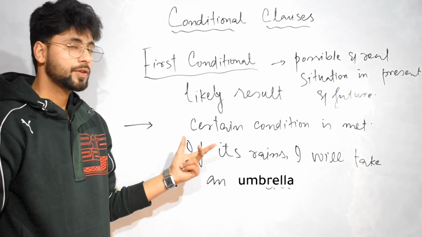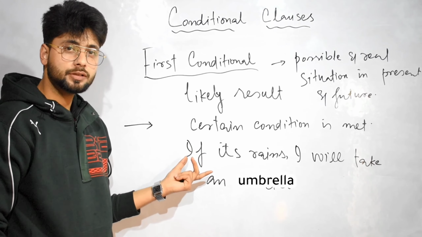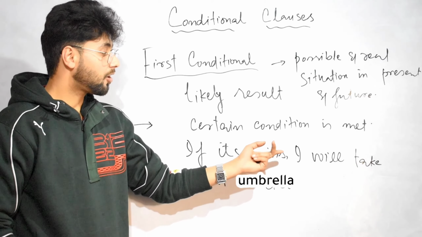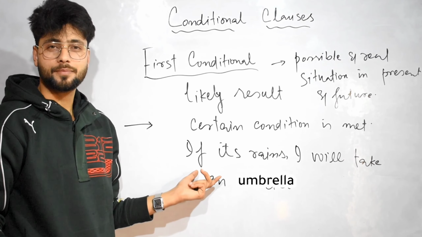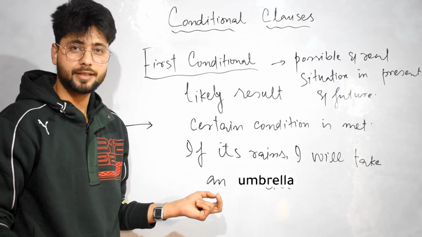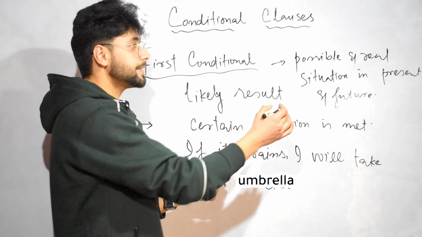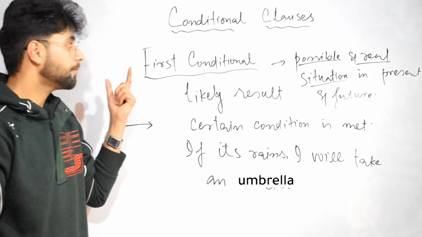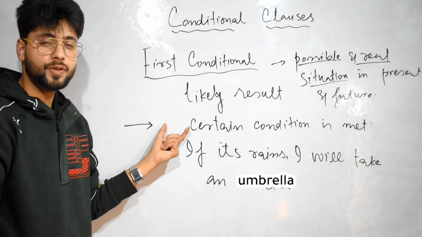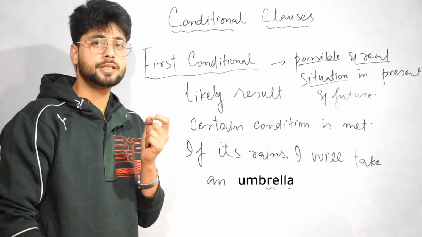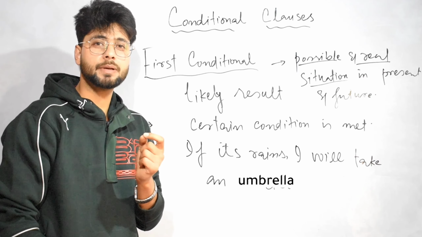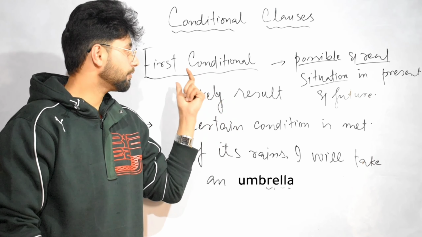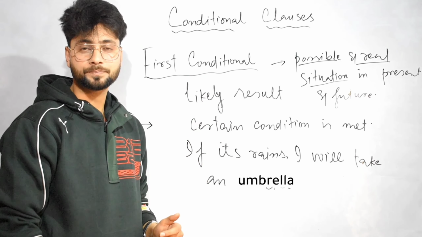It's the same thing. When we provide a condition, it will provide a likely result. If it rains, I will take an umbrella. There's no rocket science in it. So, the possible and real situations will be given in first conditional. There is no unlikely situation. We're not talking about an ideal world here. It's the realistic world in first conditional.